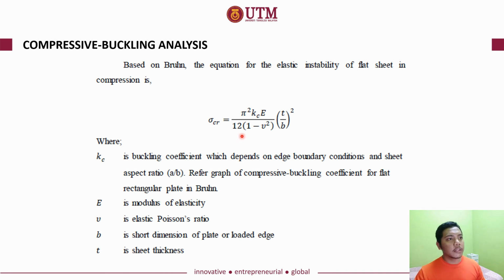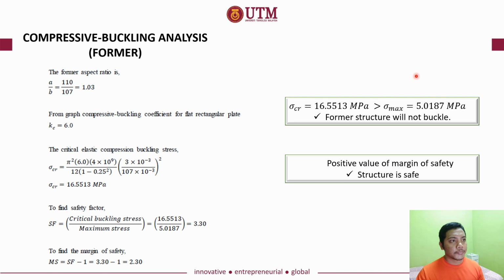To check whether the structure will buckle or not, compressive buckling analysis was done using this equation, which is taken from the Brun, and this equation is used to calculate the critical compressive stress of the structure. And this is how critical compressive stress and margin of safety were calculated.